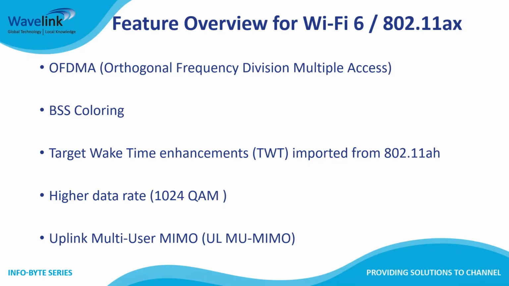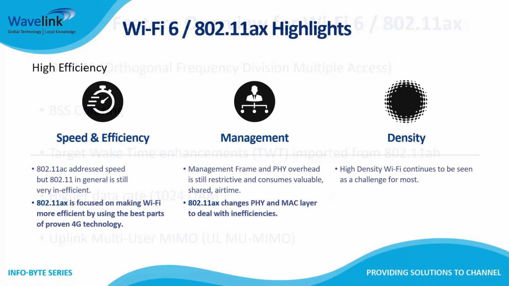BSS coloring, target wake time enhancements, higher data rates of 1024 QAM, so the quadrature amplitude modulation, and its constellation chart as well. So that's in terms of figuring out whether signal is coming in phase or out of phase, etc. And then uplink multi-user MIMO, which is also going to be very, very cool. That in itself is getting as close, or basically, to being able to send and receive simultaneously.